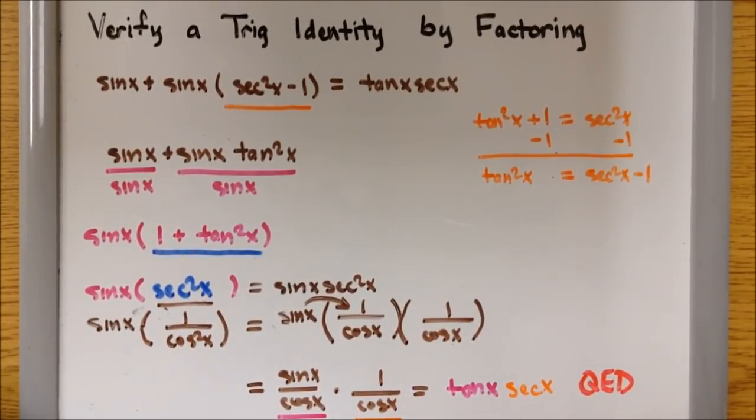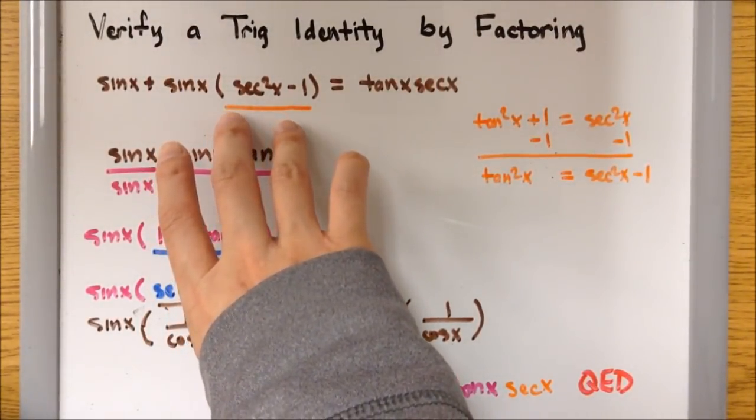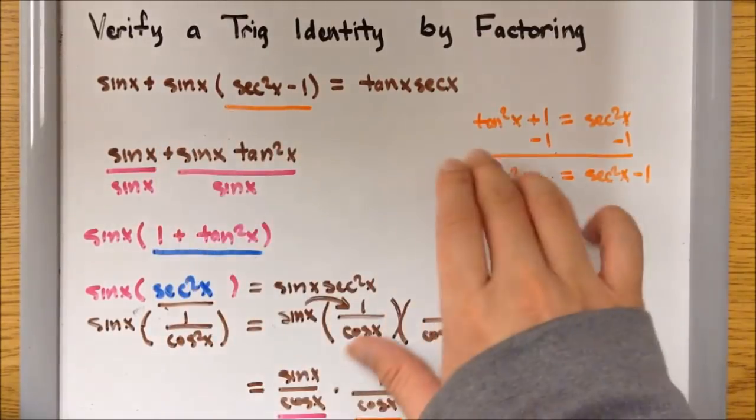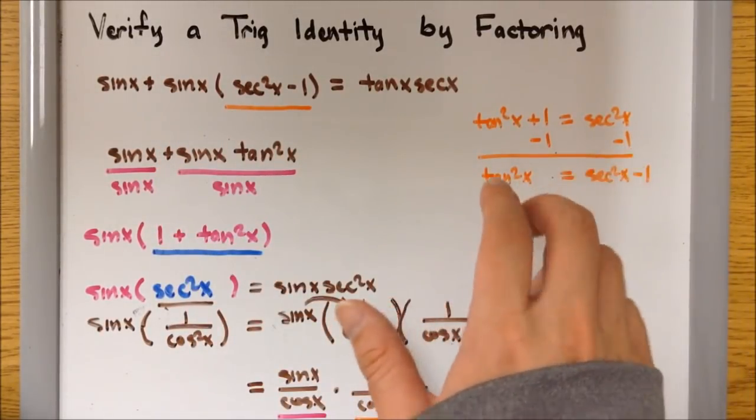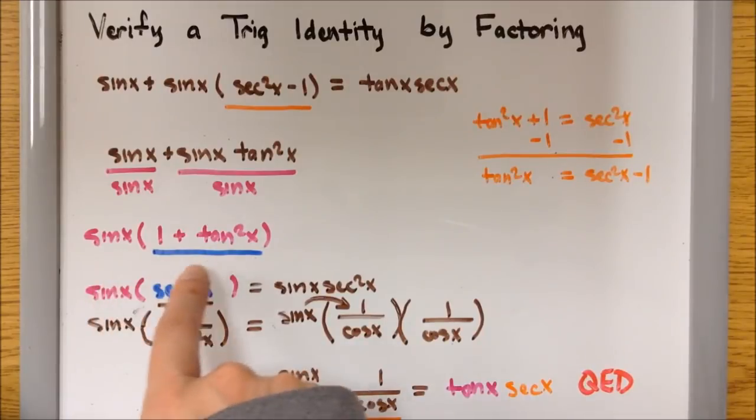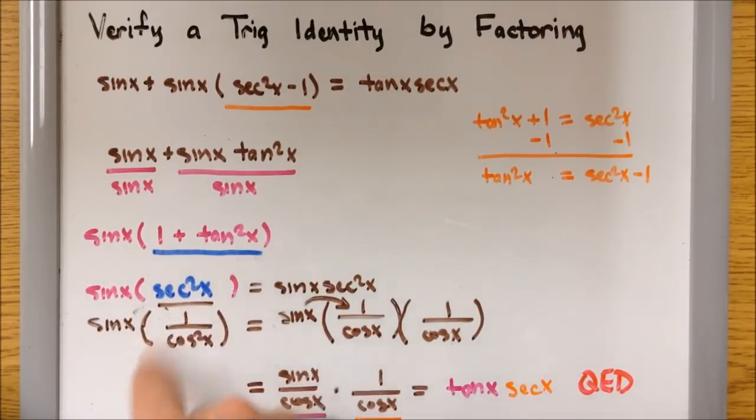So in review of this second example, be very careful, analyze what you have exactly. If you take a closer look at the example here, notice how we worked with secant square of x minus 1 using this Pythagorean identity. And then it came back, after we factored out, we had 1 plus tangent square of x. So it's like, is there a way to make this easier? Which, yes, there is.